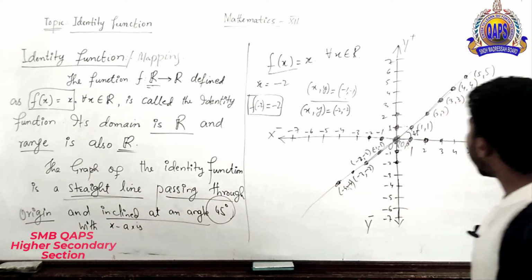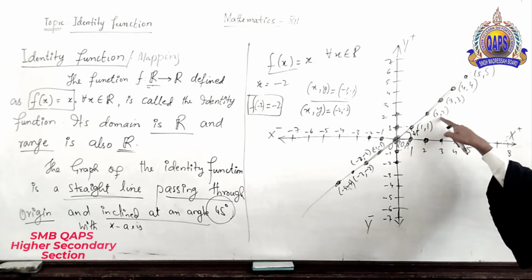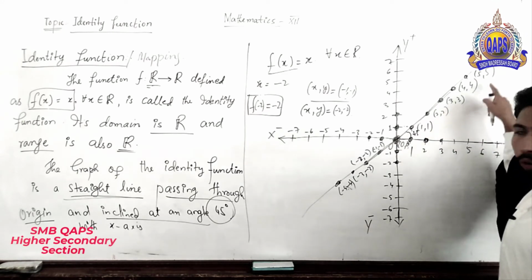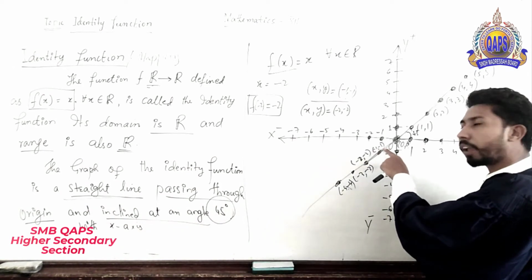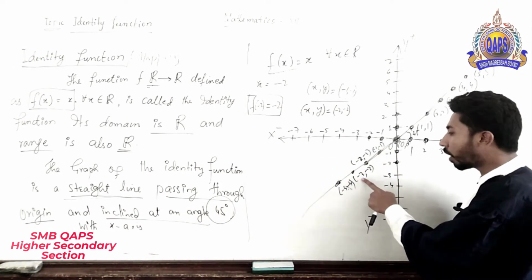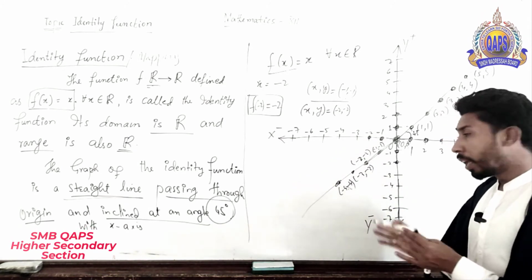So you can see here 0 comma 0, 1 comma 1, 2 comma 2, 3 comma 3, 4 comma 4, 5 comma 5. In the negative sense, negative 1 comma negative 1, negative 2 comma negative 2, negative 3 comma negative 3, negative 4 comma negative 4, negative 5 comma negative 5.